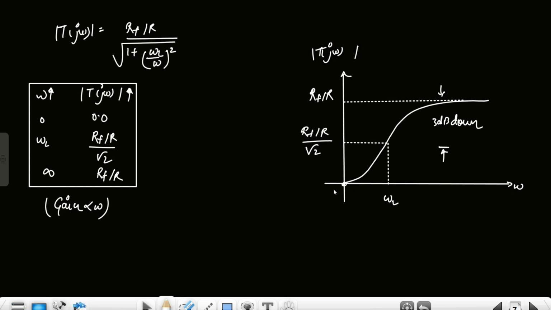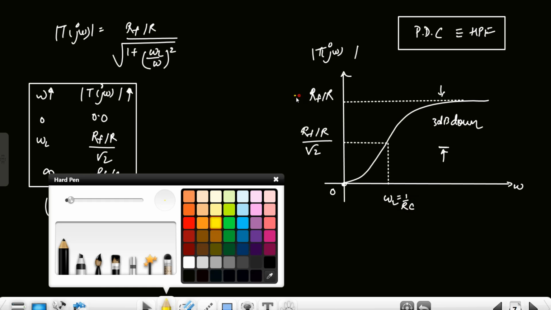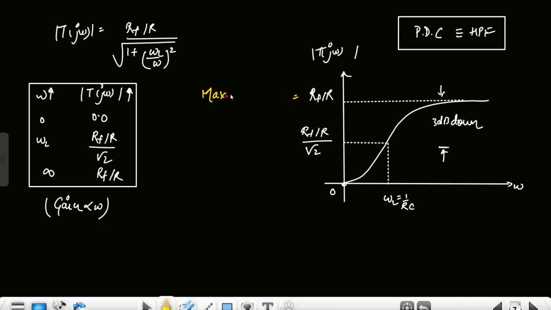So this is the magnitude plot of the practical differentiator circuit, and this practical differentiator circuit is equivalent to a high pass filter, and the practical integrator was equivalent to a low pass filter, right? So this is the 1 upon RC, and now this is the maximum magnitude or maximum gain.